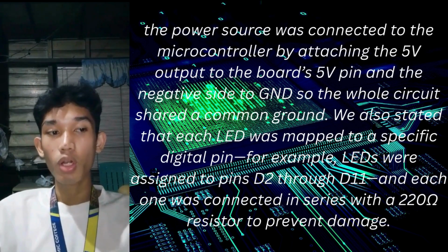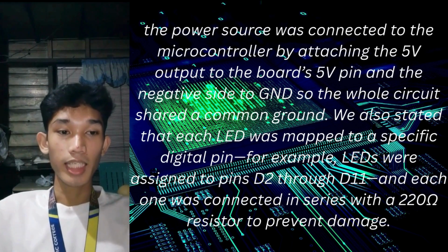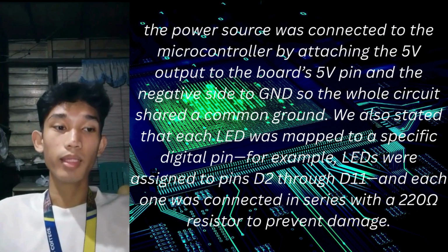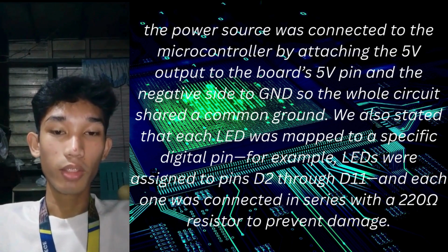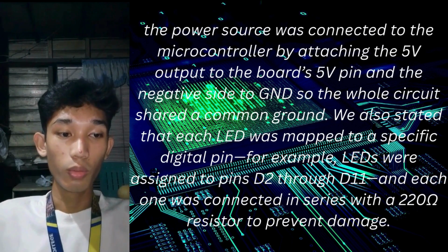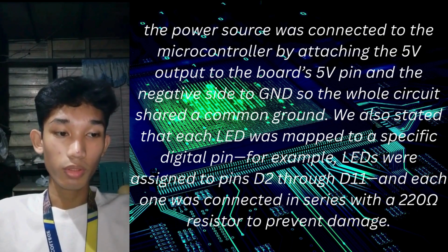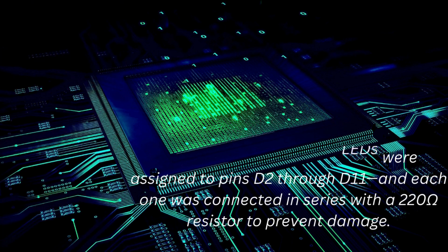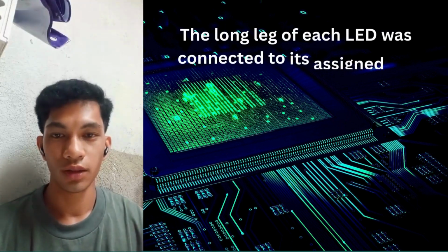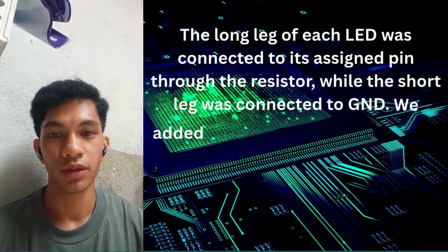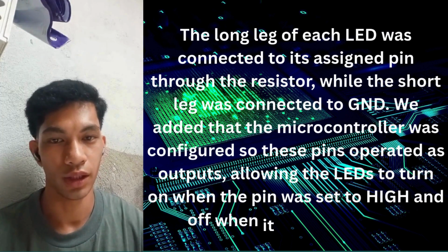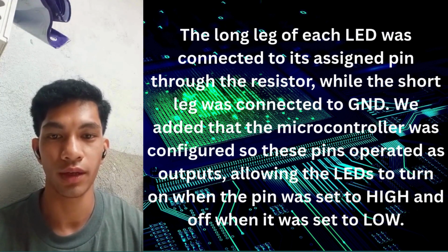For example, LEDs were assigned to pins D2 through D11, and each one was connected in series with a 220 ohm resistor to prevent damage. The long leg of each LED was connected to its assigned pin through the resistor, while the short leg was connected to the ground.